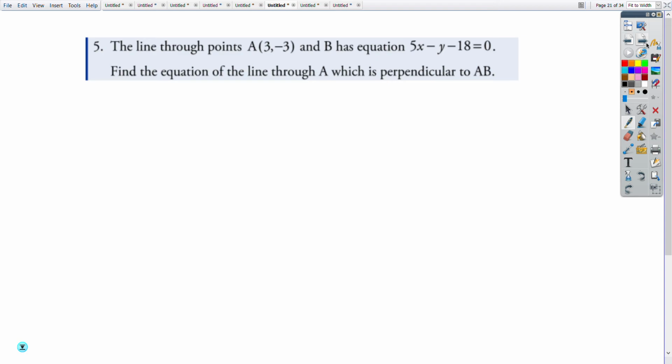Next one. Find the equation of the line through A, which is perpendicular to AB. So remember from the last lesson, first of all, we should work out what the gradient of this is. And then there's a clever way of working this out. Because that's minus y here, if we just move that y over to the other side of the equation, that will become positive y. So the equation would turn into y equals 5x minus 18.